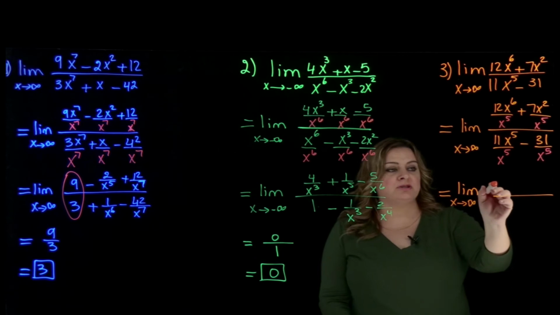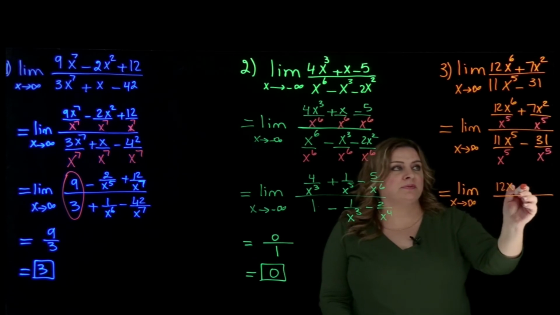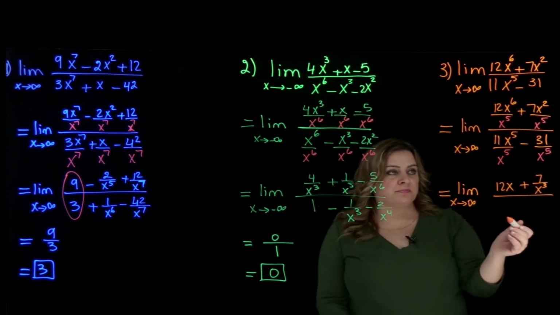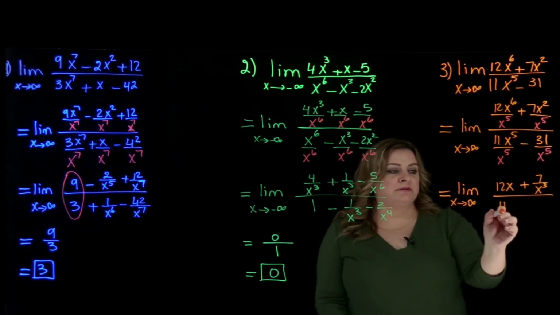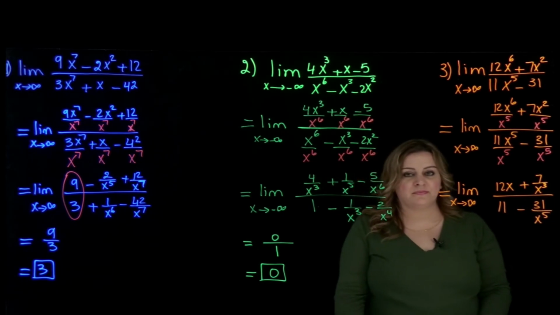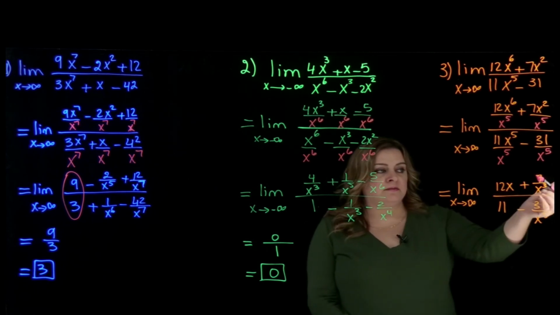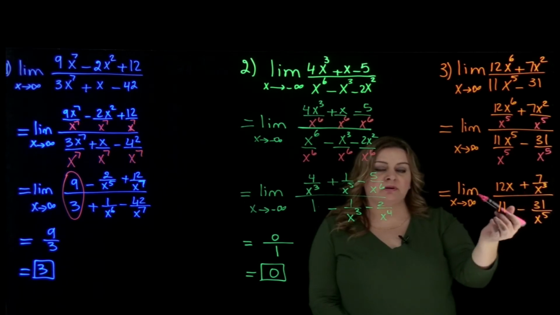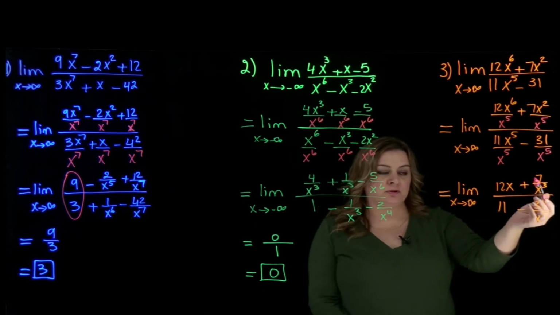My simplified function here is 12x plus 7 over x cubed over 11 minus 31 over x to the 5th. Again, the terms that are divided by x to a power, as x approaches a very large positive number, will approach 0.